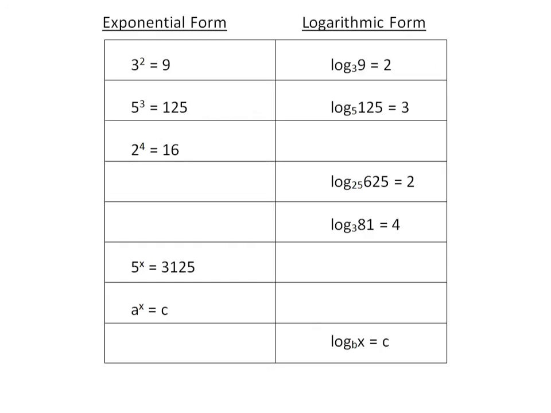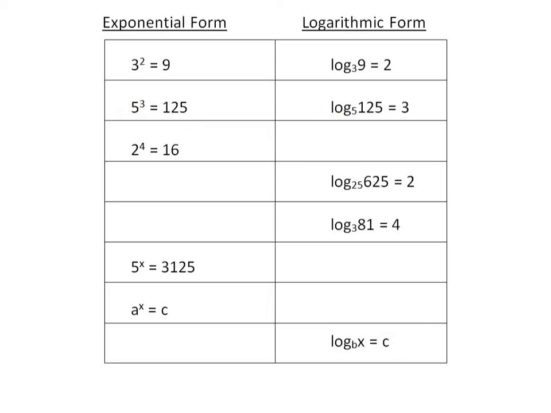So for this chart, we're just going to practice going from one form to the other. You'll notice right here, the base is 3 raised to the second power equals 9. So we write log base 3 of 9, this number right here, is equal to the exponent 2. Right here, 5 raised to the third equals 125.